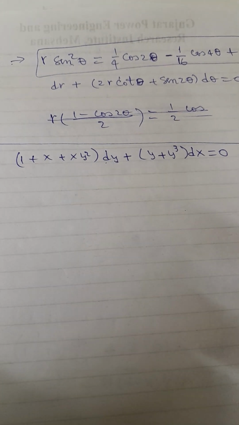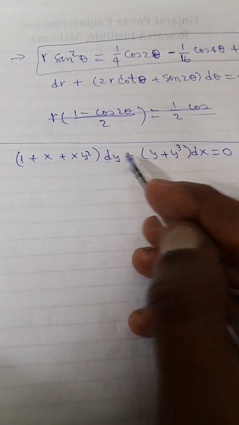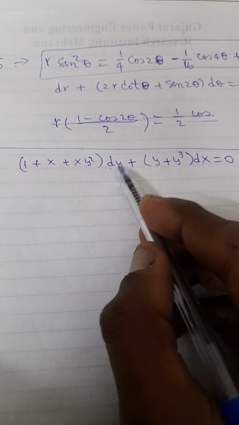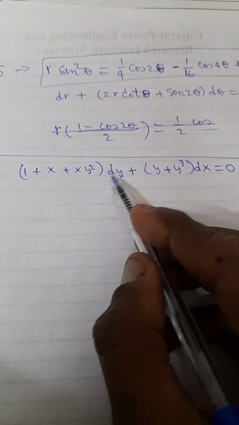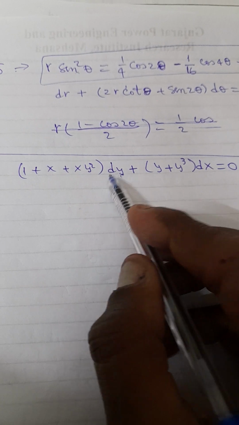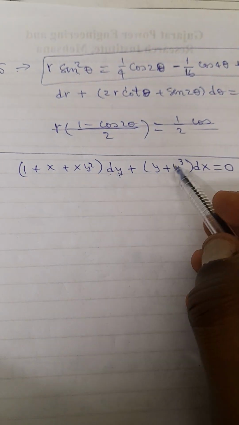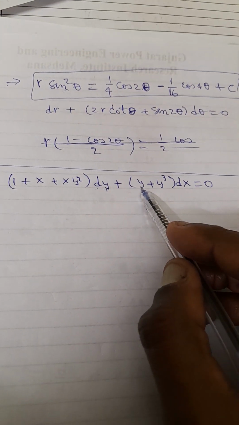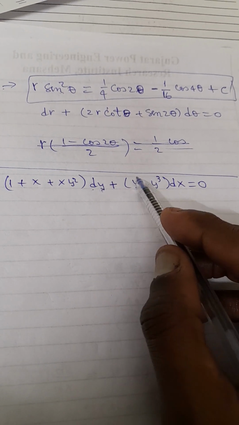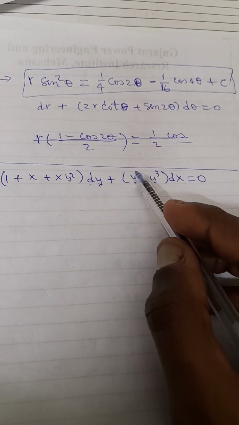So let us check dy here. dy is a linear differentiation, it's fine. Now let us see for y. Here y is raised to 1, nice, it's linear.